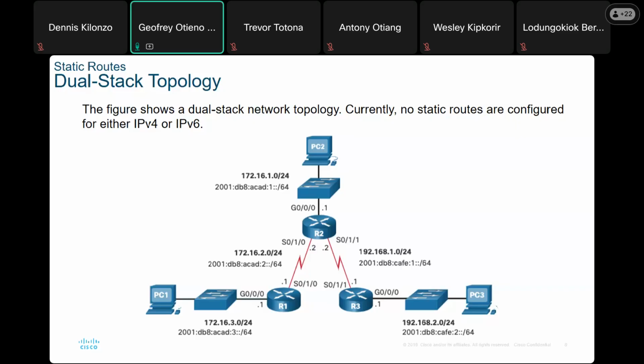Like R1 will be able to know there is an IPv4 and IPv6 address on the interface G0/0/0, or on the serial interface. So you can have both IPv4 and IPv6 because these interfaces are directly attached to it. That means automatically it will be able to detect this.